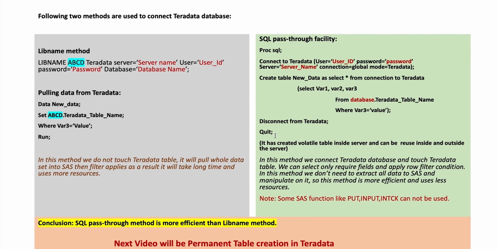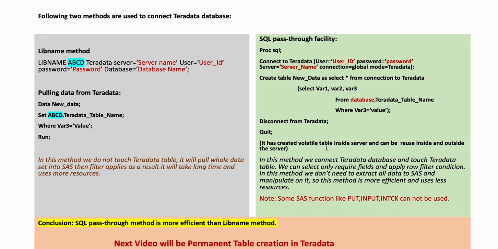When we run from proc sql to quit this code, then those selected information, only 3 variable and filter applied on var3, those information are stored inside the table. The table name is newdata, which is volatile table, which is inside Teradata server.